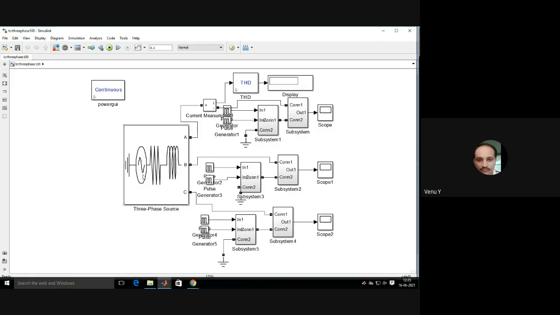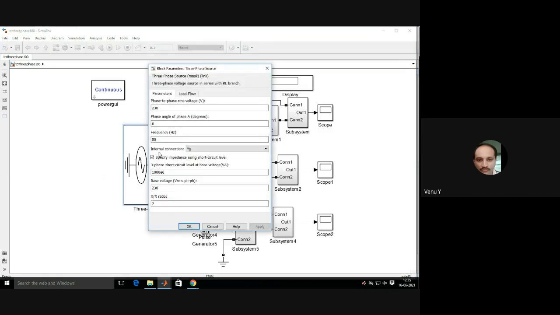So look at the figure. This is the three-phase source, 50 Hz, and short circuit capacity 1000 MVA, and phase voltage 230 volts.